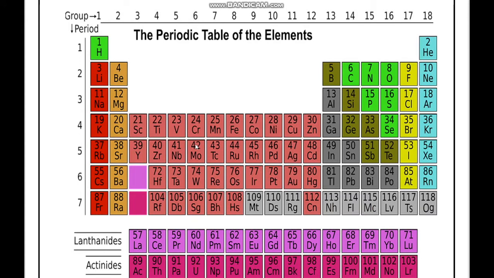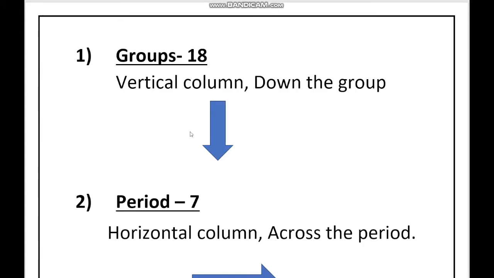Let's get started. So when we talk about group, it means we are going down the group. It means vertical columns. So when we have our periodic table, we just saw there were some columns like this, or there were some like these.